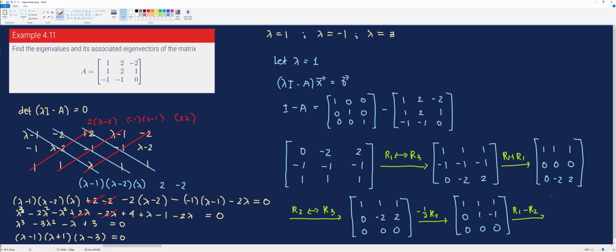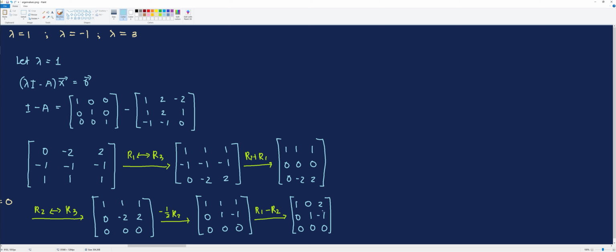And our new matrix will be: 1 minus 0 is 1, 1 minus 1 is 0, and 1 minus negative 1 is 2. For the second row, we have the same elements, and also for the third row. Now we have the reduced echelon form of our matrix.